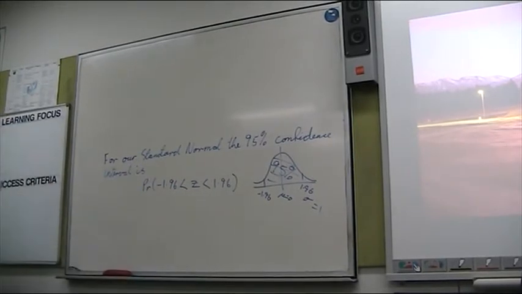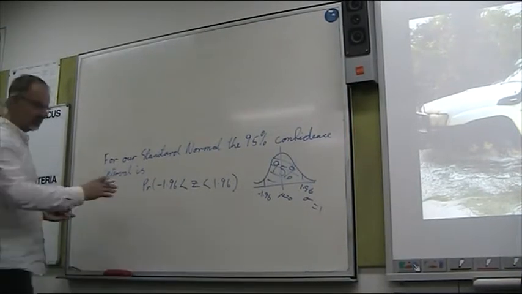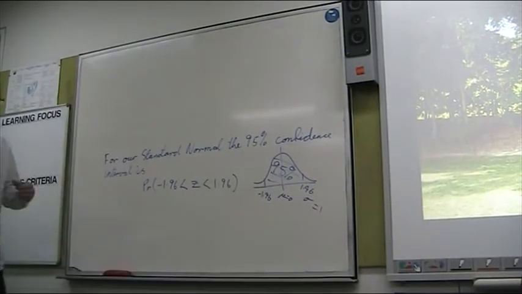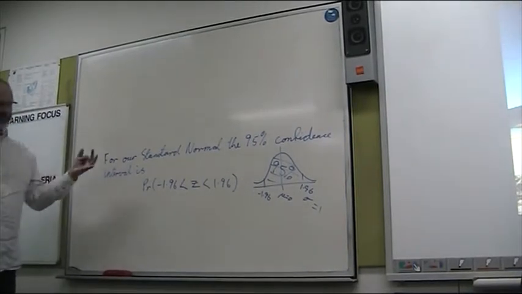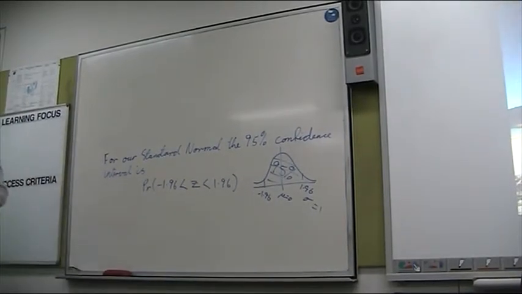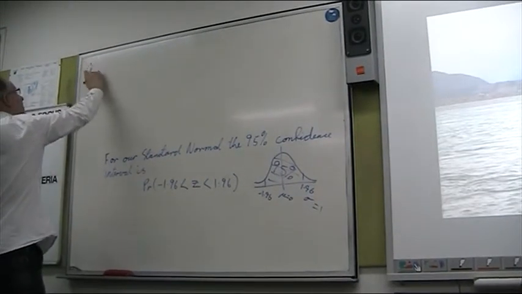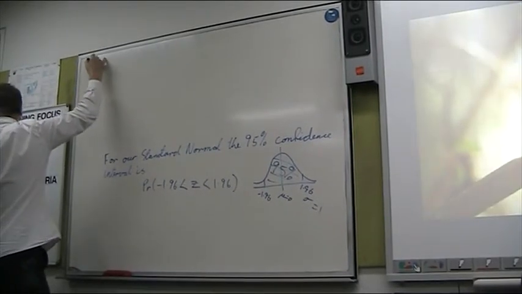Alright, so what if we do have a different sample size and a different proportion? So it's all very well to have a mean of 0 and standard deviation of 1. In reality, when we go out and do stuff, that's not what we end up with. We end up with a sample proportion and a certain size of sample, whether that be 50, 100, 200 or whatever.